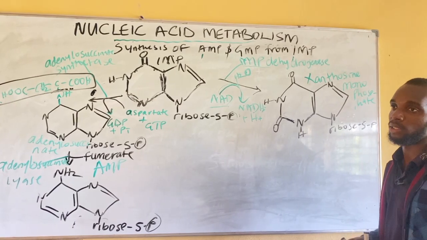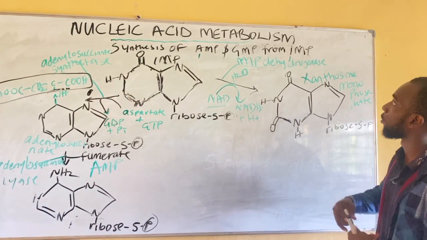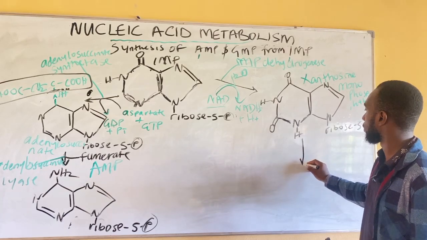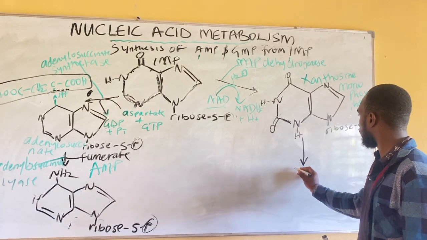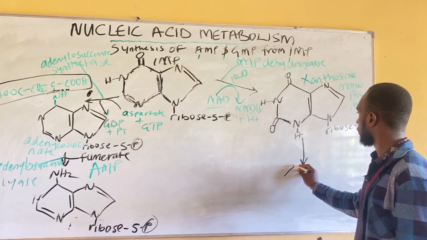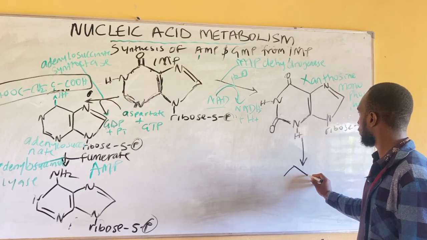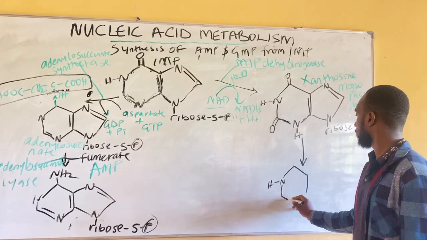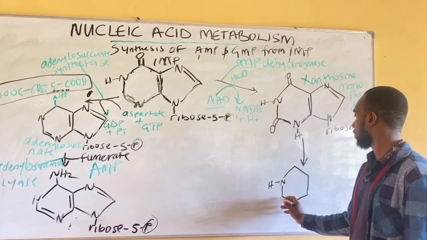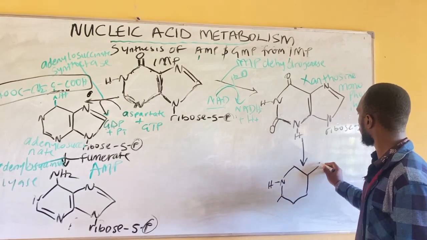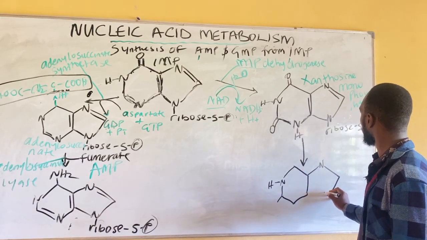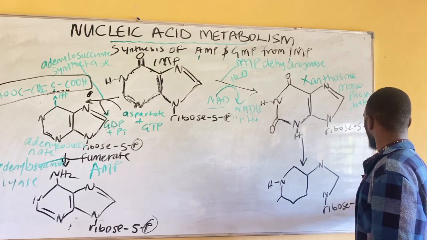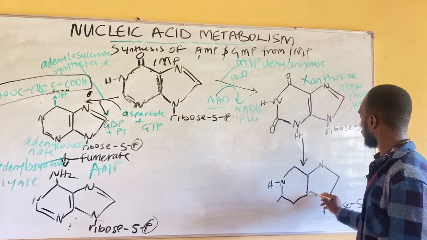So the next step of the reaction is that an amino group will come in to form this GMP that we're talking about. So let's redraw this.